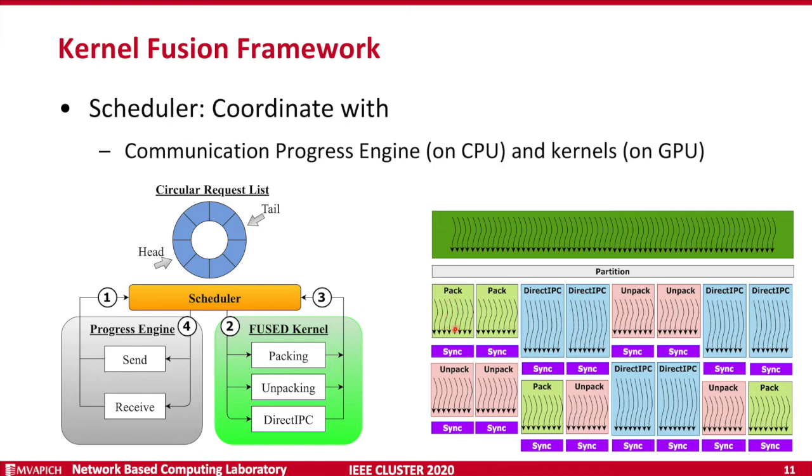You can do just group-wise synchronization. And if, for example, this packing finishes, it can just return back to the scheduler by simply updating its request object. So the scheduler will know, okay, this packing is finished. Then the scheduler can work with the progress engine to complete the send receive operation.